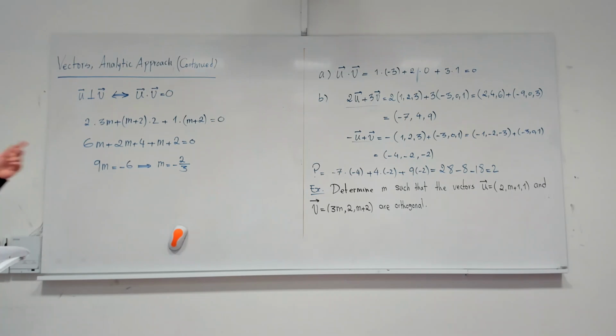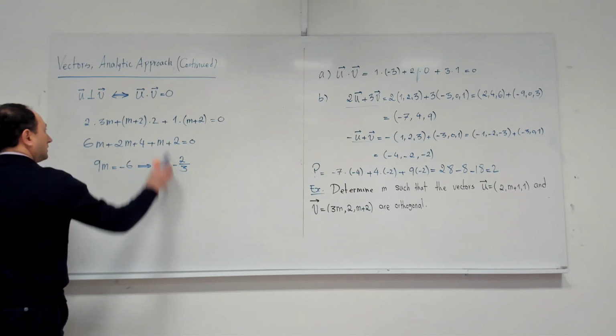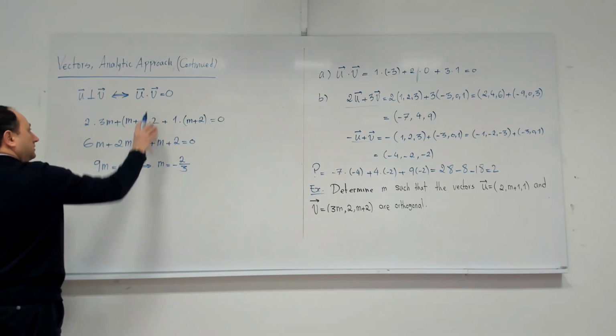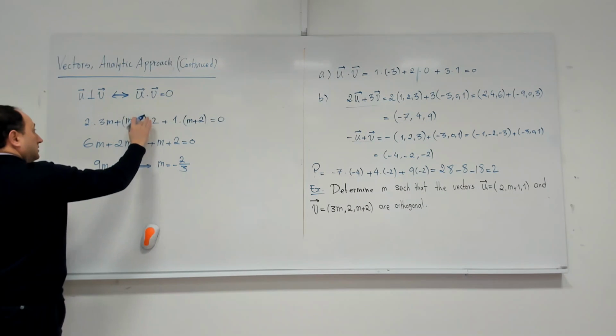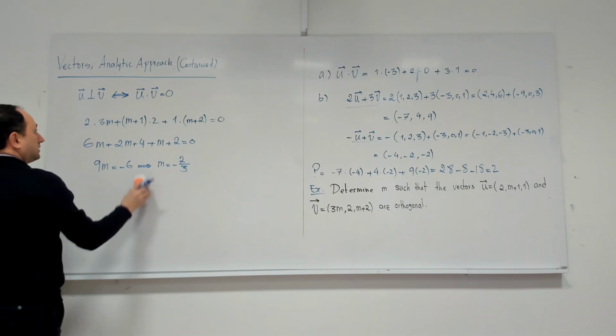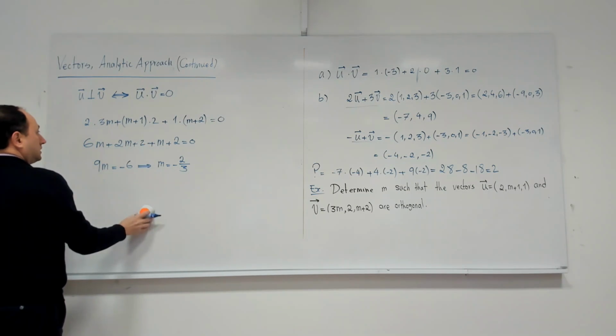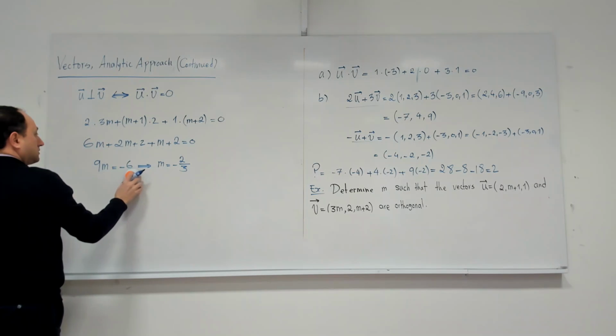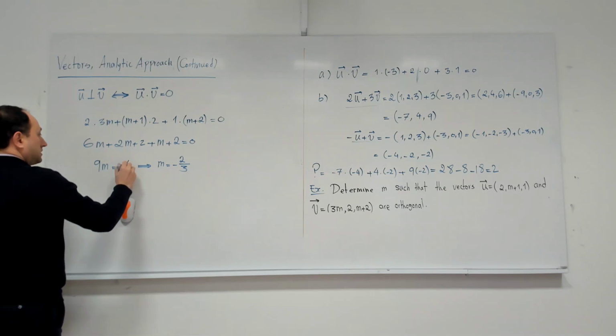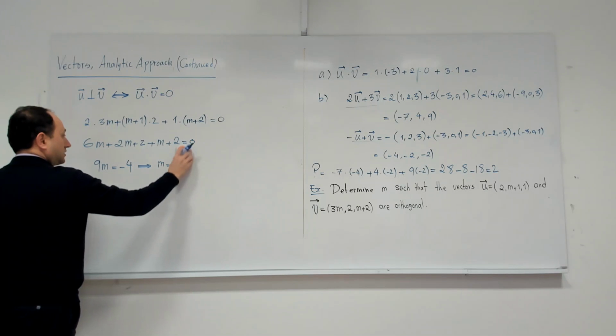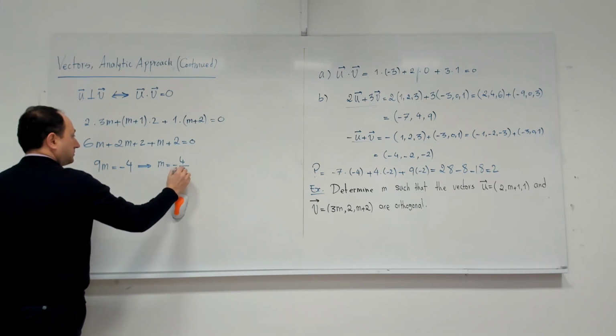Do you see any problems here? I think it's m plus 1. Yeah, you wrote m plus 2 in your calculation. Okay, thank you. So then it becomes what? 2m plus 2, and then it becomes 4 minus 4. Yes, now that is the answer that I had before. So it is 4 over 9. Thank you.